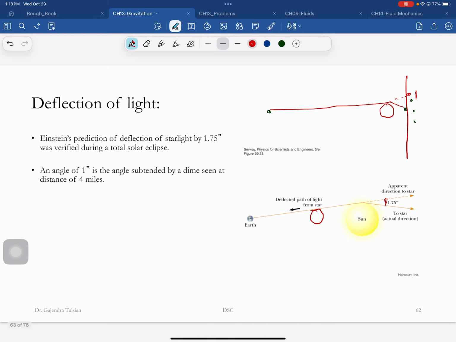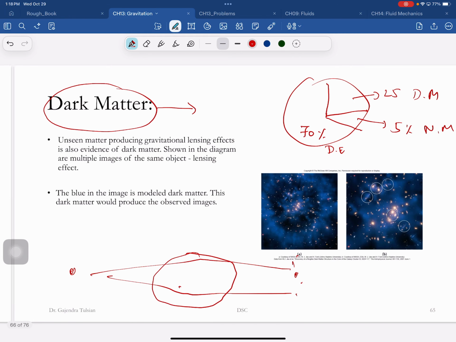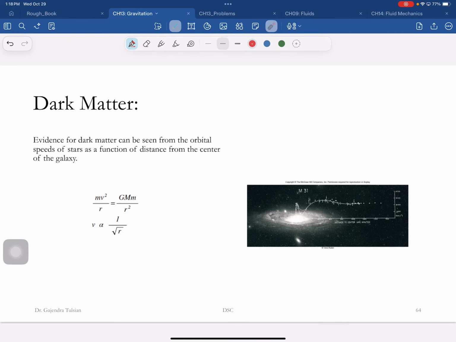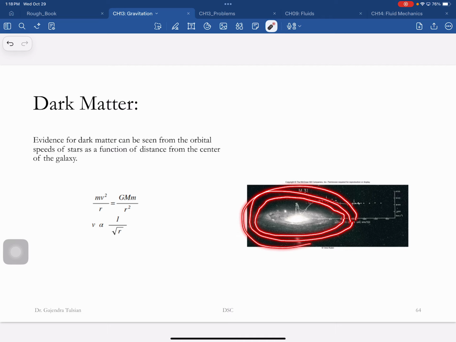Okay, so this is the famous graph. I believe it was somebody by the name of Mr. Zwicky. Okay, so here's the Milky Way. We did this for the Milky Way, and so this graph was put together over a long time. Here we are measuring the orbital speed of all these stars. You guys can see all the masses here.